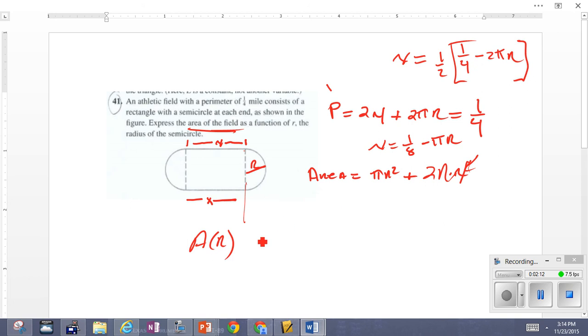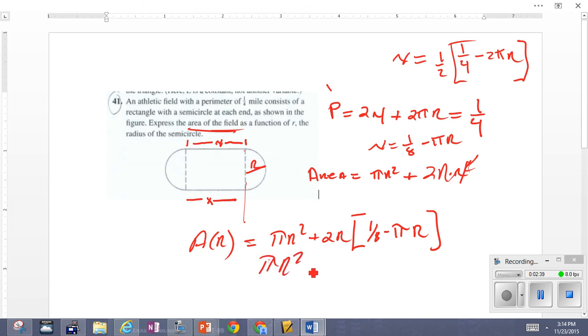So we're going to come down to our area function, and we can now write the area as a function of r. It's pi r squared plus 2r times x, where x is, of course, this 1/8 minus pi r. And so now what are we going to have? We're going to have pi r squared plus 1/4 of r minus 2 pi r squared.